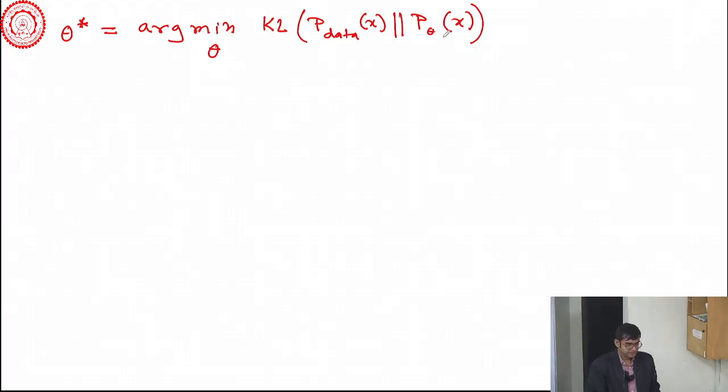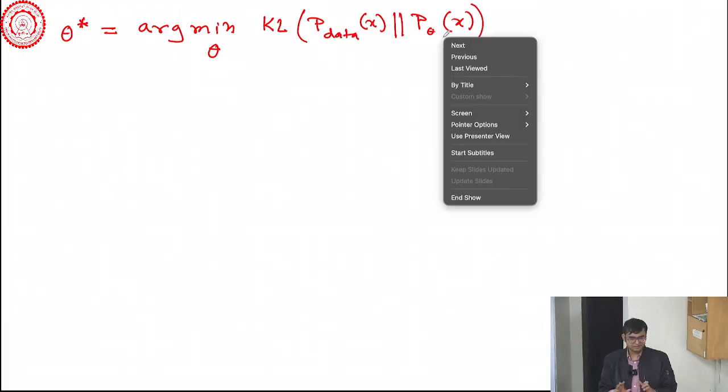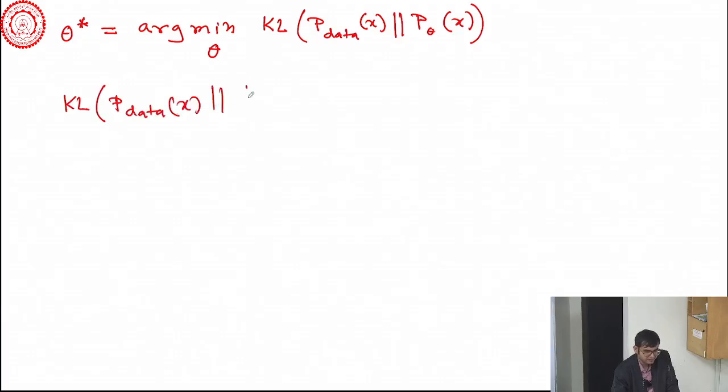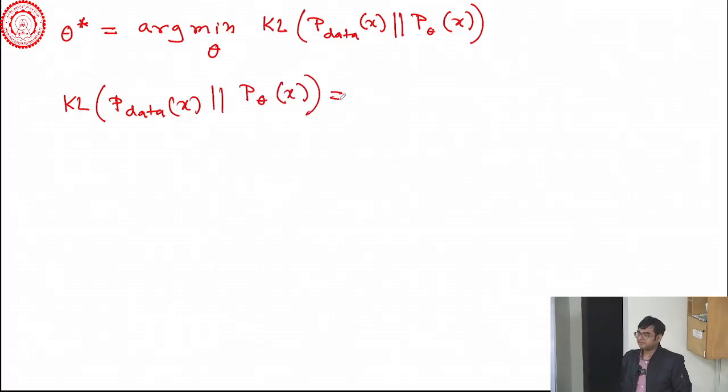Okay. So this is the KL divergence that we want to minimize, and whatever theta we get by minimizing is our theta star. Remind me, what is the KL divergence formula? KL of P data and P theta. Remind me, it is equal to what?